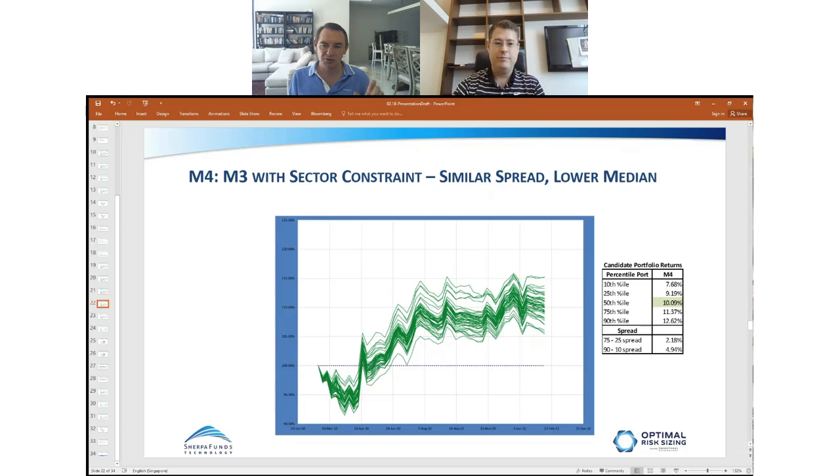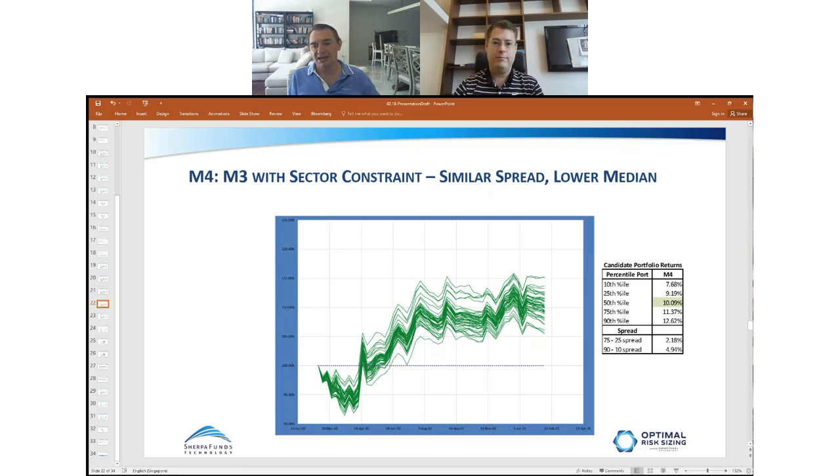Ex ante, you can define to some extent the width of these possible lines and how much of your alpha is in there or not in there by looking at all the various constraints we've talked about today. But your experience will be on one of these lines. And it's really important to think, at the beginning of the time period, that at the end, this is how you and your LPs are going to experience that time period.